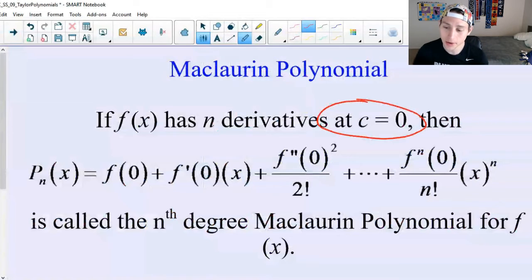But really groundbreaking stuff from Maclaurin to center the Taylor polynomial around 0. Otherwise, same exact thing. Hashtag never forget. Exactly. My personal hero, Maclaurin. I think he was Scottish. Maybe.